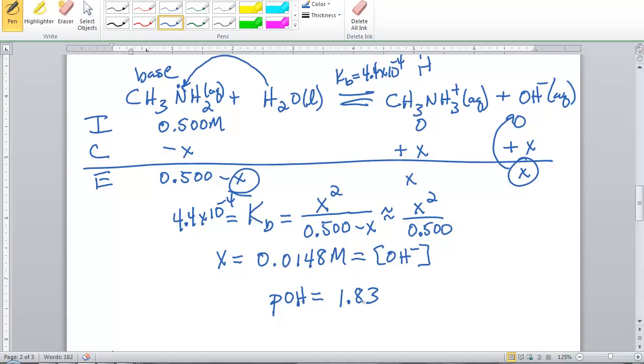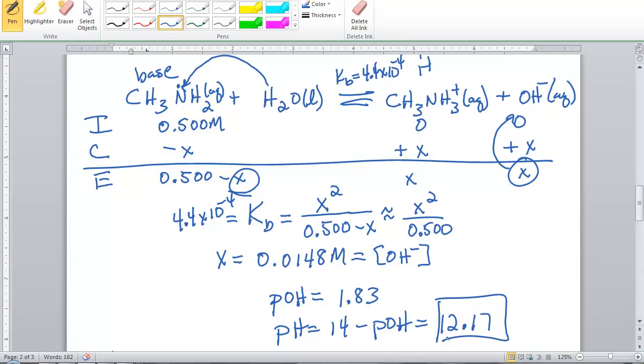So low pH, acidic; low pOH, basic. High pH, basic. So when we subtract this from 14 to get the pH, we will get a pH of 12.17. All right, so basic pH, as you would expect for a base.